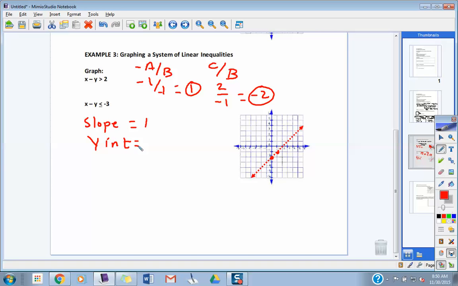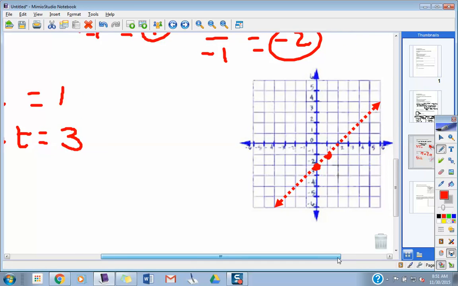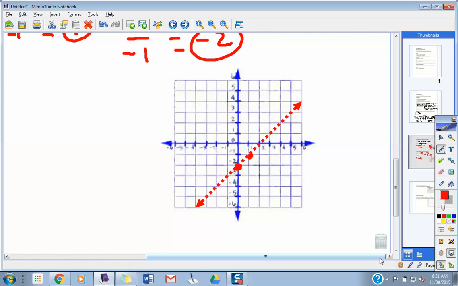Careful. Negative 3 divided by negative 1, wouldn't it be 3 then? Okay, now I'm going to go back to something here in a second because something that I told you is kind of contradictory, and we'll see if you can catch on to it. But for my graph here, the y-intercept would be positive 3, and the slope would be 1 again.